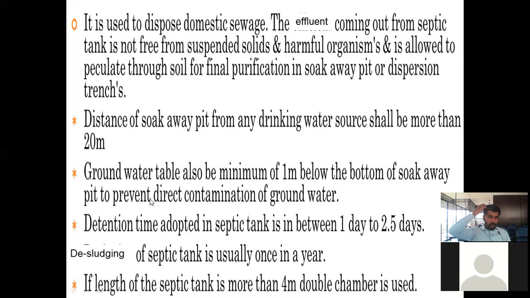So it is said that the water table should be a minimum of 1 meter below the bottom of the soak away pit.